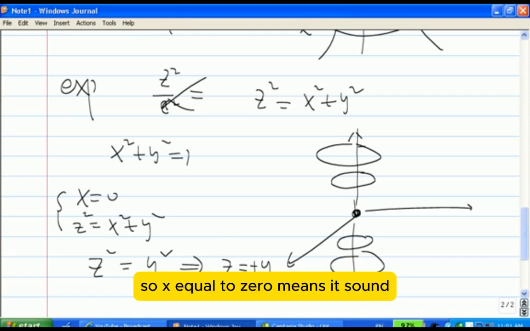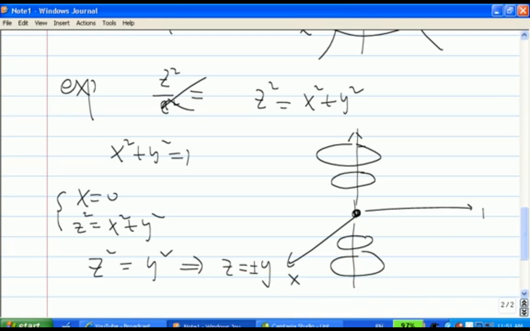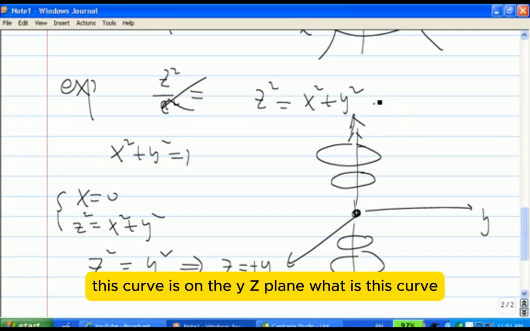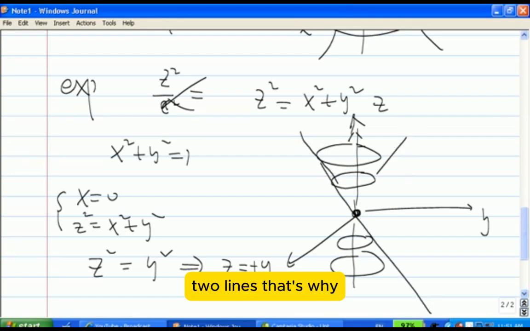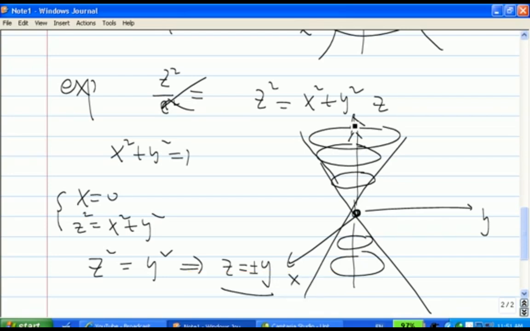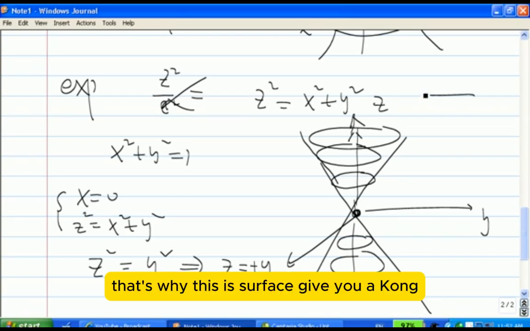So x equal to 0 means this curve is on the yz plane. What is this curve? This gives you two lines. That's why this surface gives you a cone.